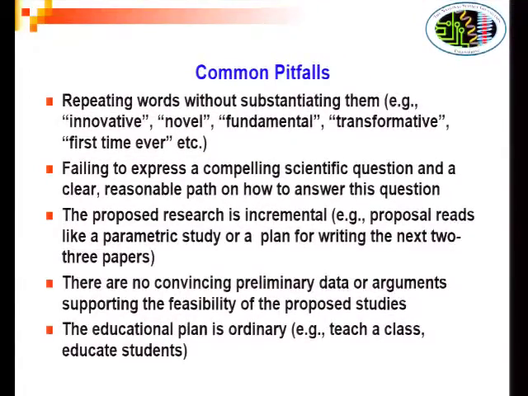An incremental proposal would be, for example, a parametric study, where you systematically vary a parameter and you say, I'm now going to fill the squares with the outputs, without some real insight as to what this is going to produce in terms of fundamental knowledge of a transformative nature.